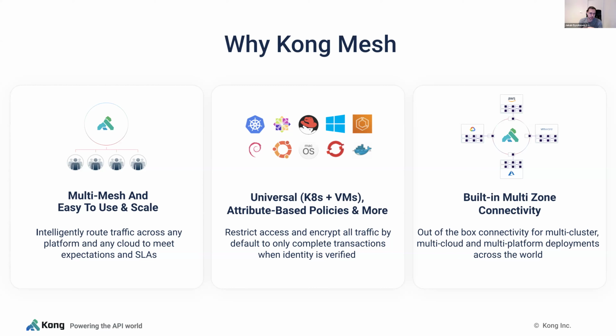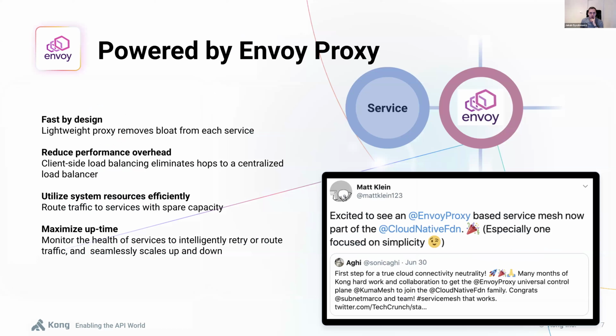It also supports very rich attribute-based policies that we will show in the demo. And Kong Mesh was built to support multi-zone connectivity, right? Again, you may have different Kubernetes clusters, different clouds, and so on. You want to interconnect these into one mesh deployment. Kong Mesh can support this use case. Kong Mesh is powered by Envoy proxy.